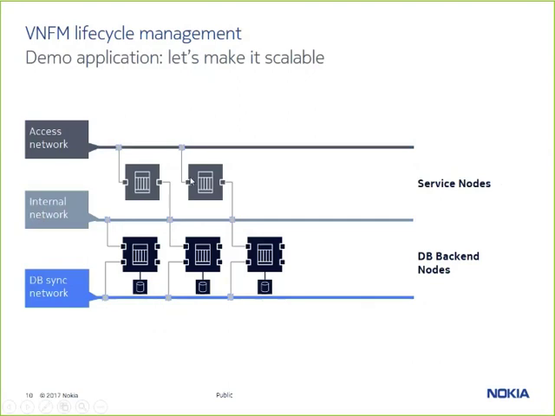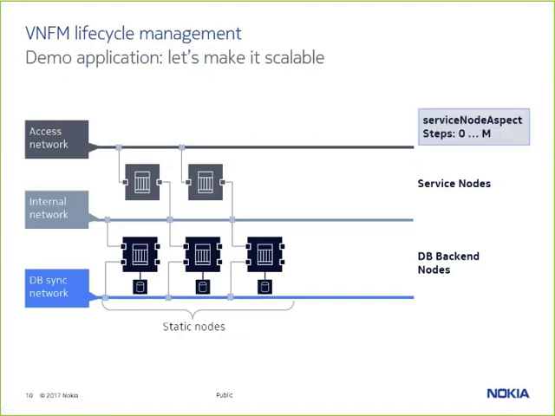Okay, so let's talk about scaling. First of all, we define certain so-called static nodes, which are outside of any scaling aspect. These static nodes will always be part of the VNF. You cannot scale them down to 0, and this is because we would like always to have a state defined by these 3 nodes. Let's define right now the aspects. First, a service node aspect, which is scaling from 0 to n.